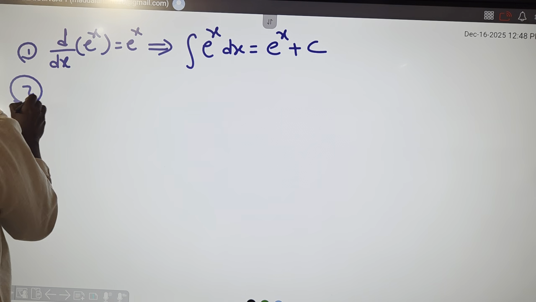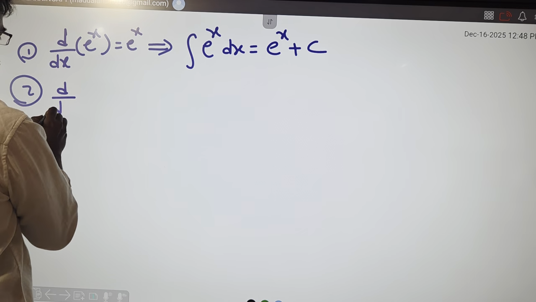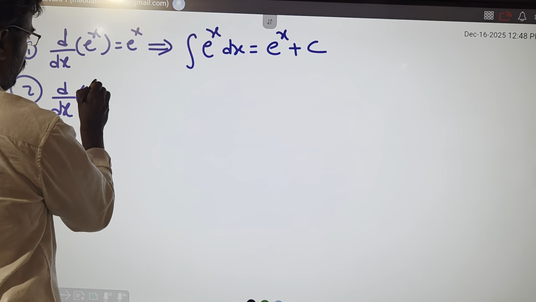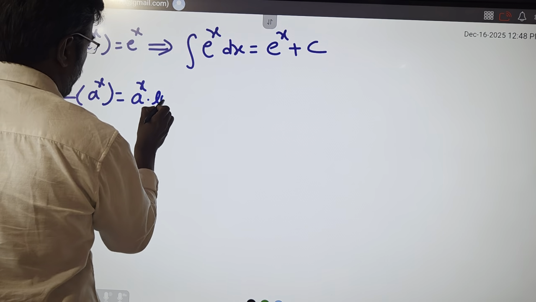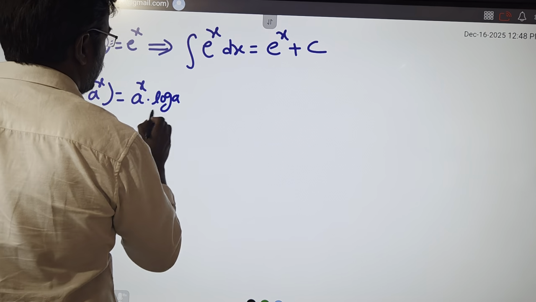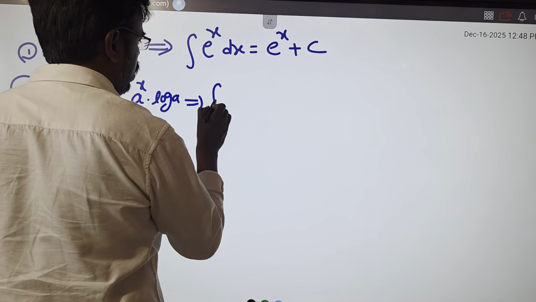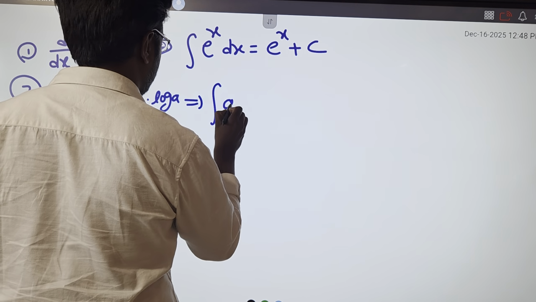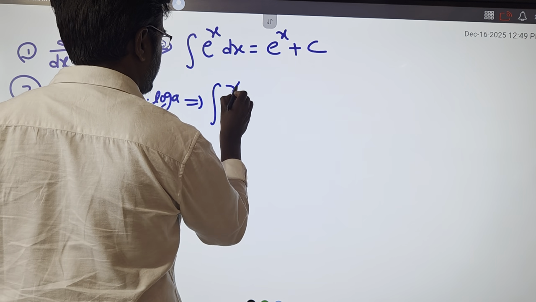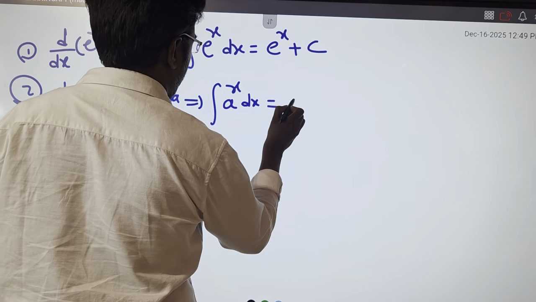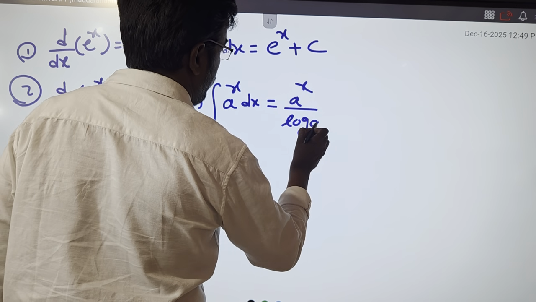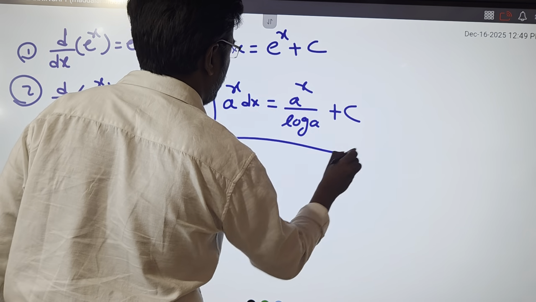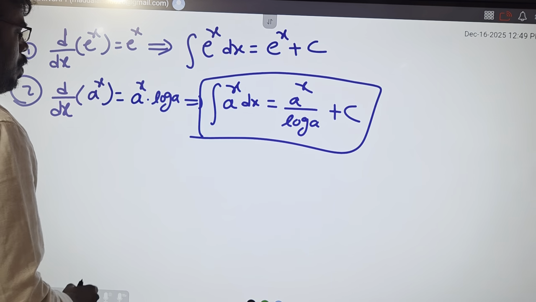And d by dx of a^x equal to what? a^x into log a. So integral a^x dx equal to a^x by log a plus c.